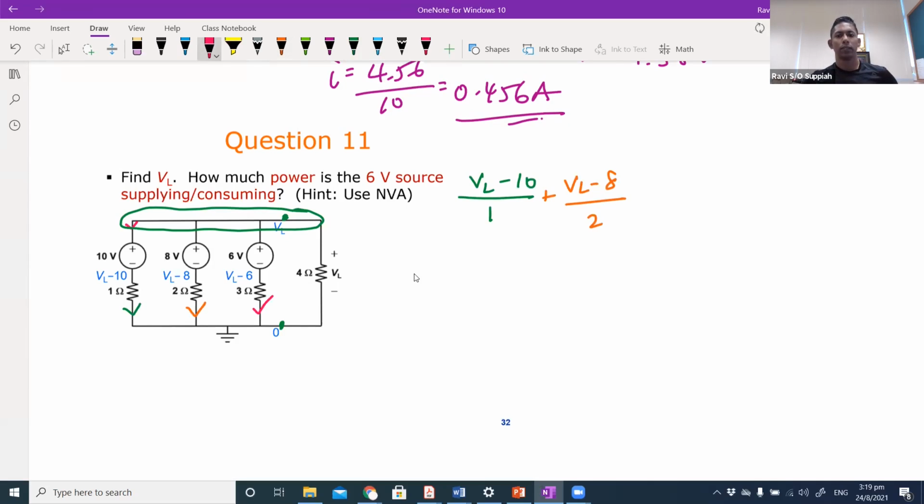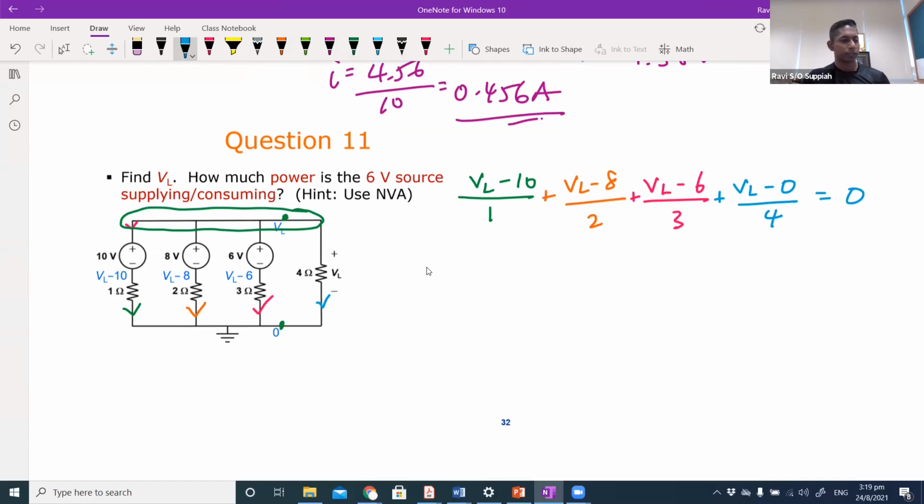Then this branch will be plus VL minus 6 over 3. Finally, this branch over here plus VL minus 0 over 4 equals 0.